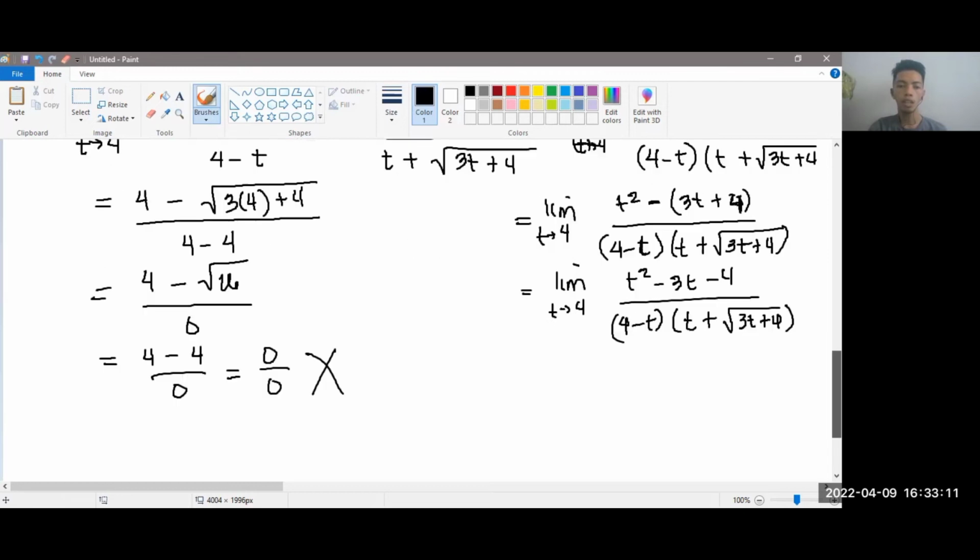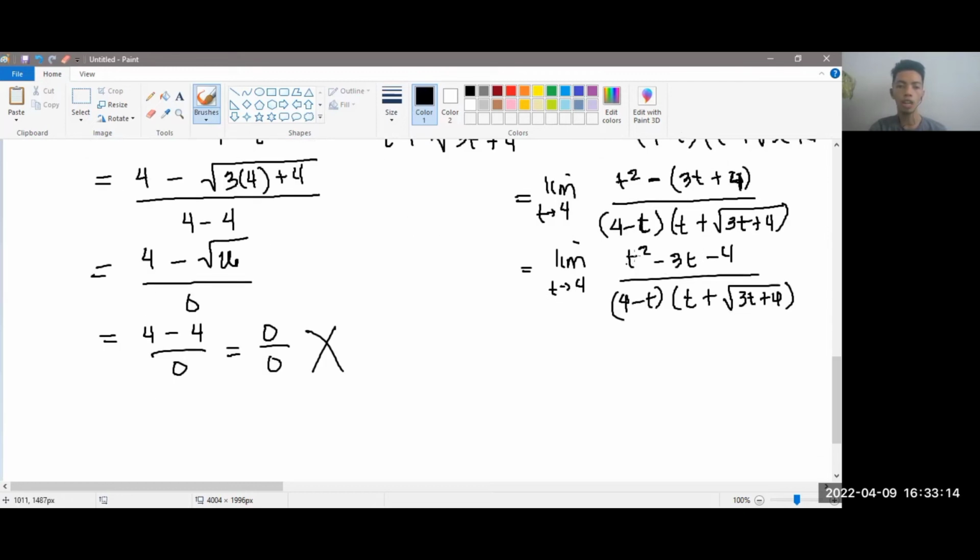Ngayon, yung numerator, pwede mo siyang i-factor. So, ang factor ng numerator will be t minus 4 and t plus 1.